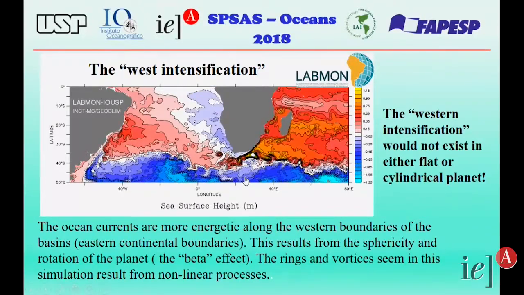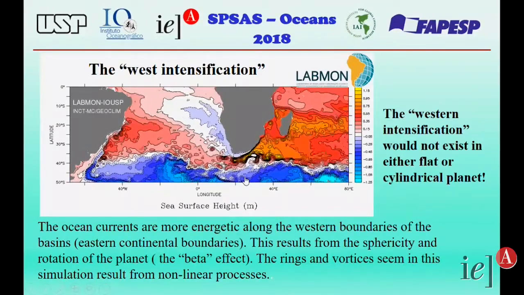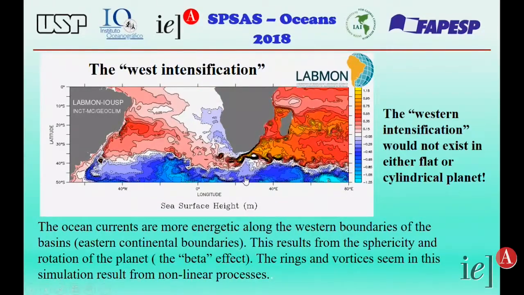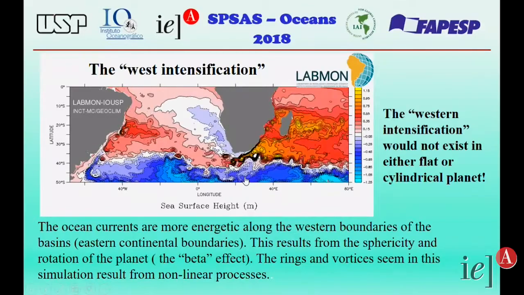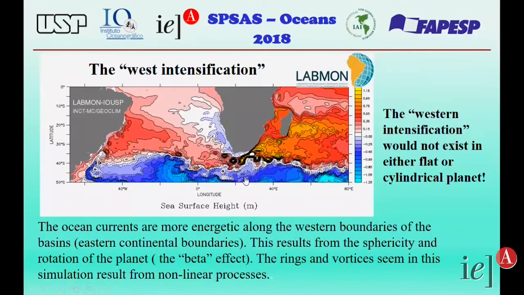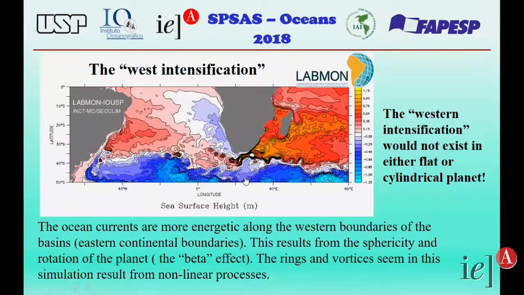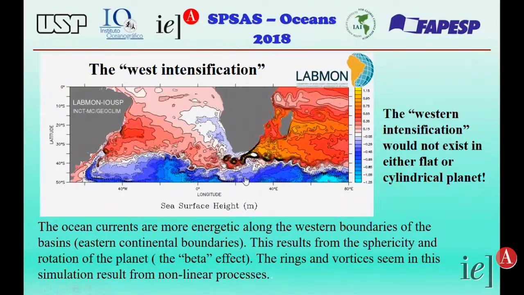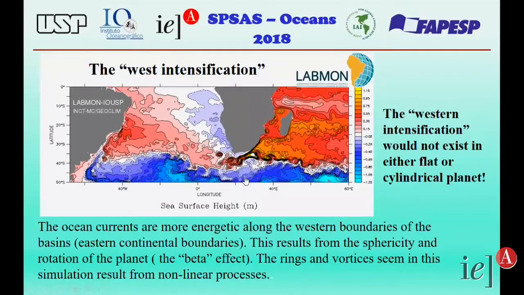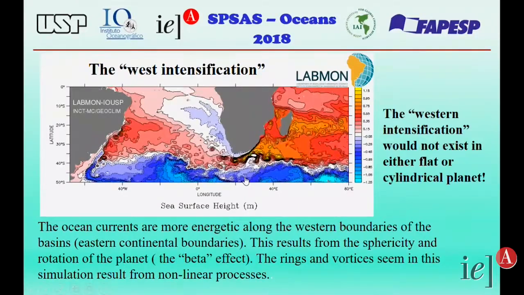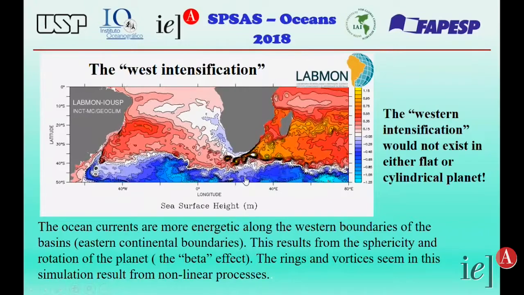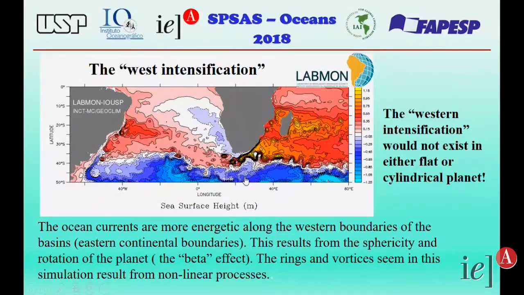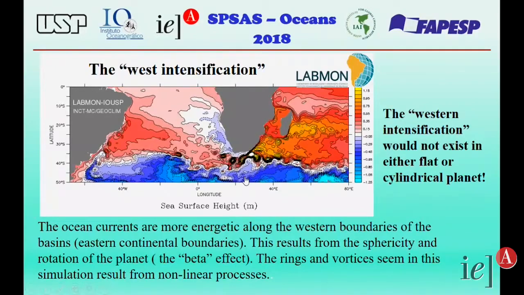And if you look at the South Atlantic, you can see that near the Brazilian coast, near South America, the colors are reddish, more to the red. On the other hand, near Africa, the colors are bluish, meaning the ocean surface is higher near the South American coast than near the African coast.